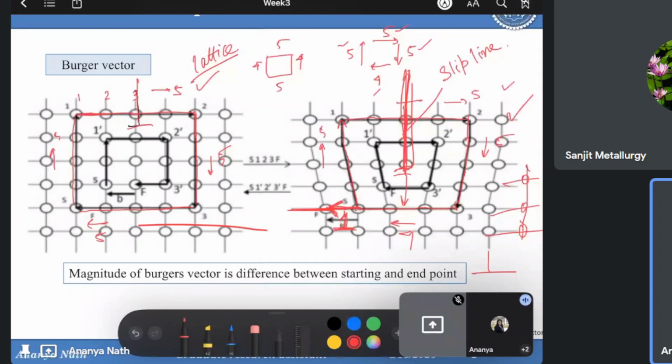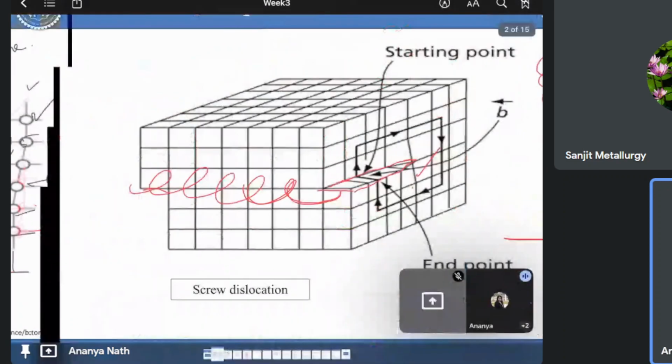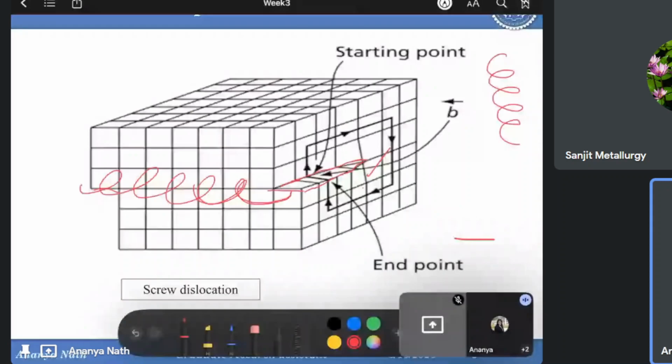But in case of a screw dislocation, if you again try to count it, we can start from this point. So here you will move, you'll move, you'll move. There is a step, so you have to go by the step, and if you go by the step, you have to move an extra round, or you are facing a step here in this direction to meet this one point, because anyhow you have to meet the point where you started your journey for the Burgers vector calculation.